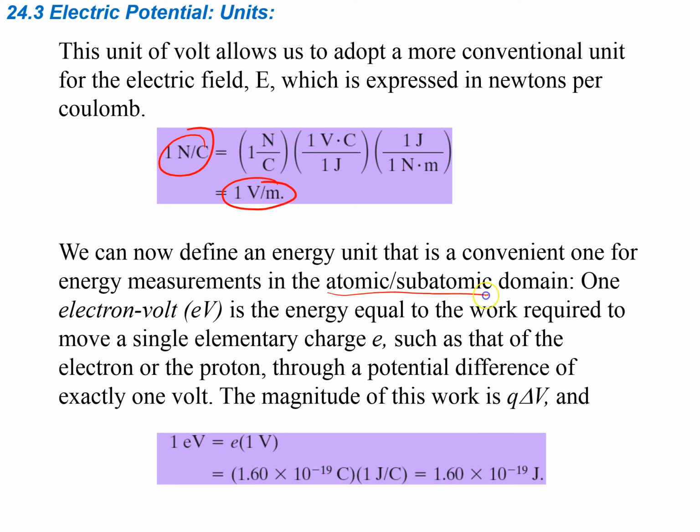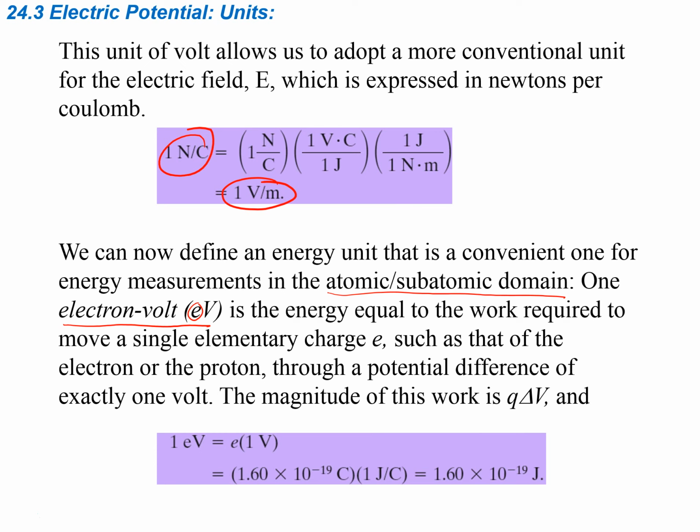So we can now define an energy unit that is convenient for energy measurements in the atomic and subatomic domain. When you have things that are really small, 1 electron volt is going to be used, which is just the charge of an electron times a volt. It is equal to the energy equal to the work required to move a single elementary charge e, such as that of the electron or the proton, through a potential difference of exactly 1 volt.